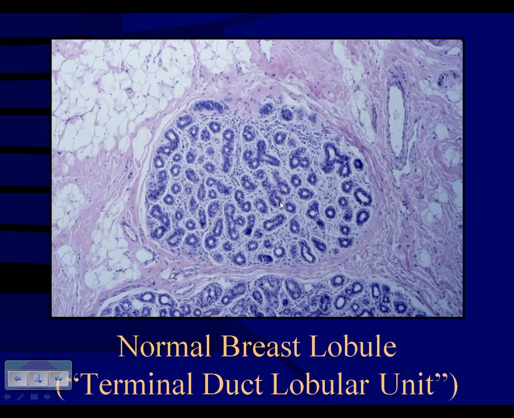And these are pretty uniform throughout. You see these acinar structures throughout. You'll see myoeps surrounding them. And these are secretory type cells. Sometimes we'll see a little bit of chronic inflammation in the stroma in between these glandular acinar units, and that's normal. And then notice the rest of the breast is just connective tissue, pink connective tissue, and fat.